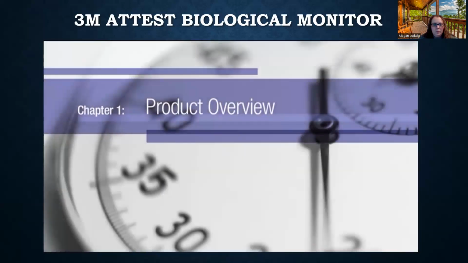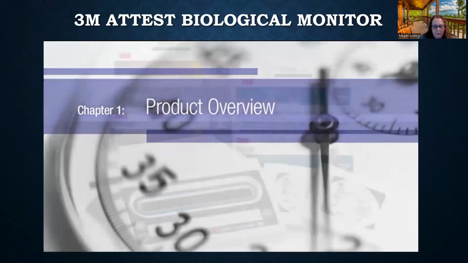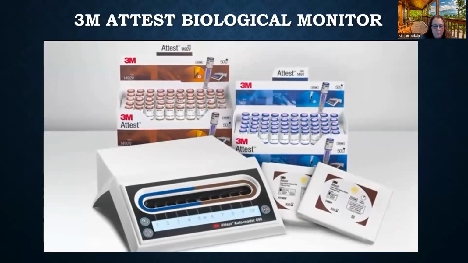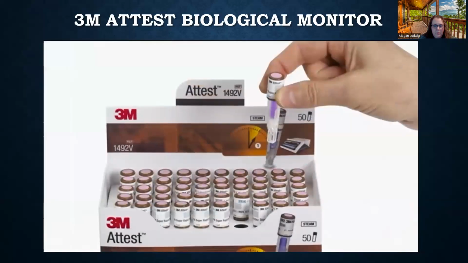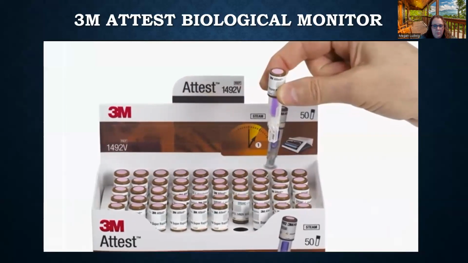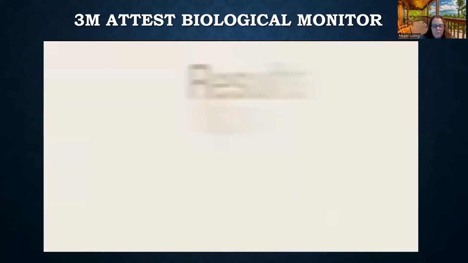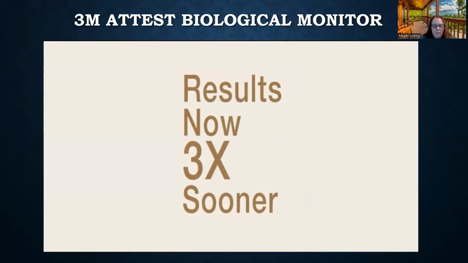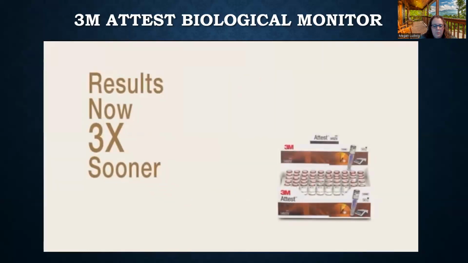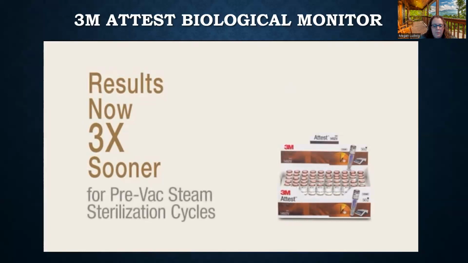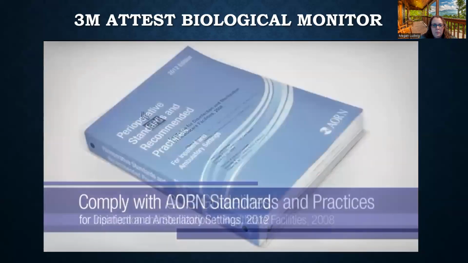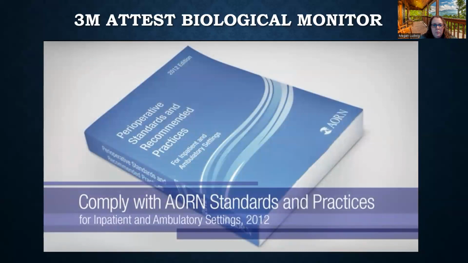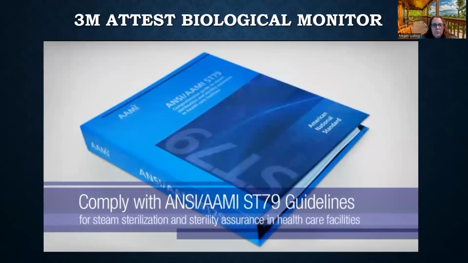The 3M A-Test Super Rapid Readout Biological Indicator System is a super fast, reliable way to monitor steam sterilization processes in healthcare facilities. A-Test Super Rapid Biological Indicators, or BIs, dramatically decrease turnaround time by providing true biological results faster than ever before. 270 degree Fahrenheit vacuum-assisted BI incubation time is just 1 hour instead of 3. Faster turnarounds make it easier to comply with sterilization guidelines, which helps you provide the highest standard of care for every patient.